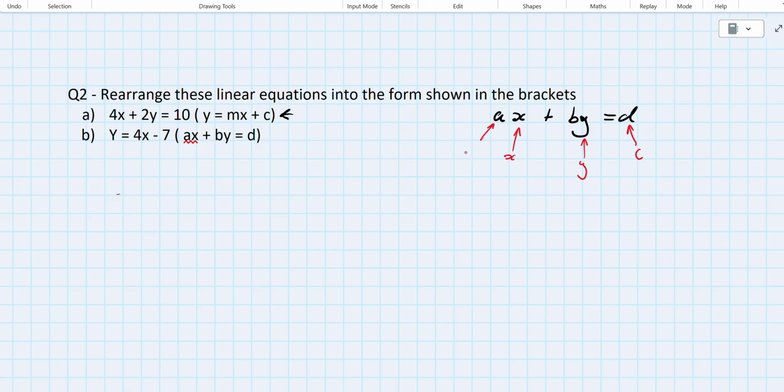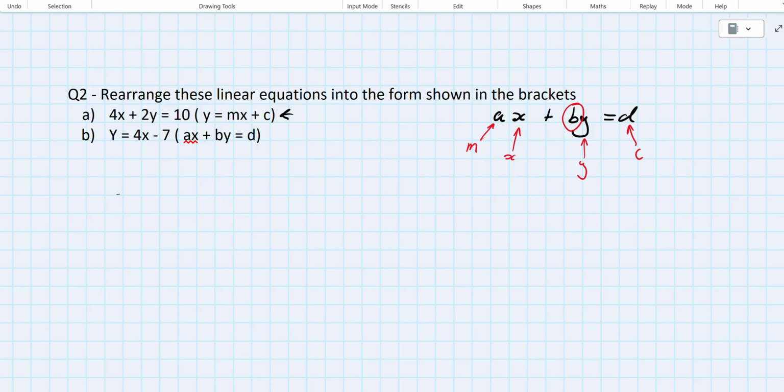Similarly, a represents our gradient, but again, it's not quite there yet. It will eventually become our gradient. b generally is going to get cancelled out, because we always want to make y the subject when we are making our gradient intercept form, i.e. y equals mx plus c. b is going to get cancelled out, which then changes the values of a and d, which become m and c.